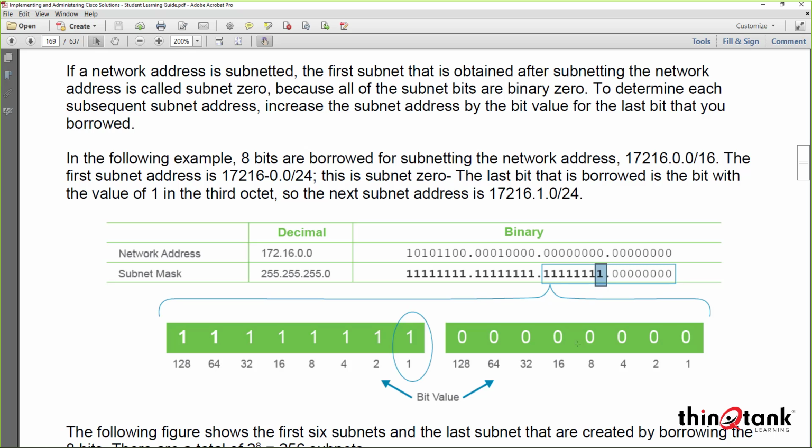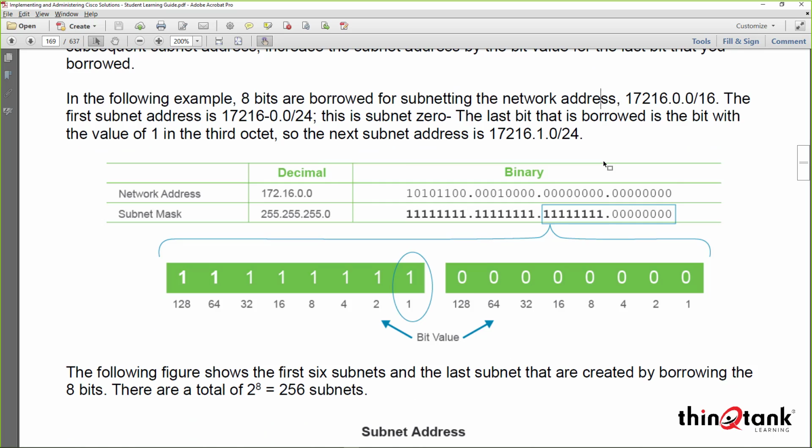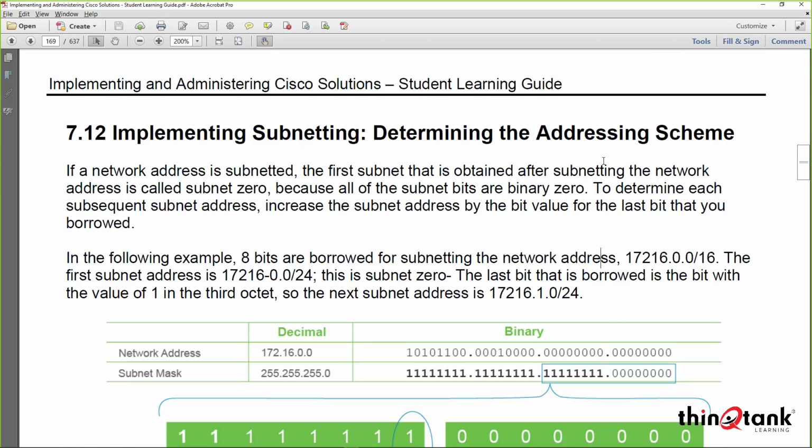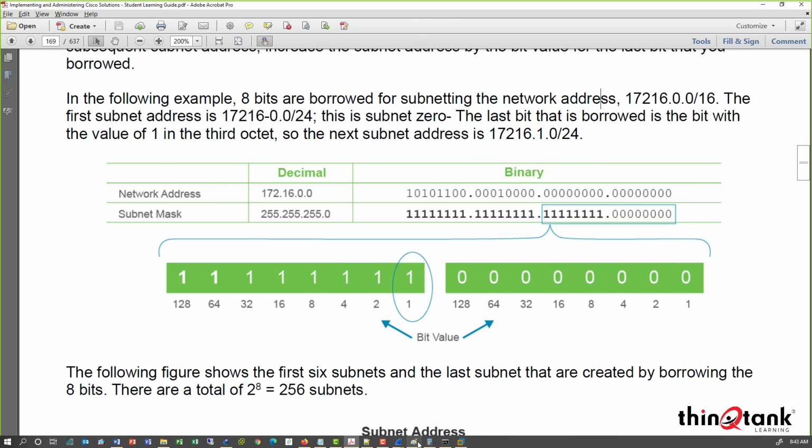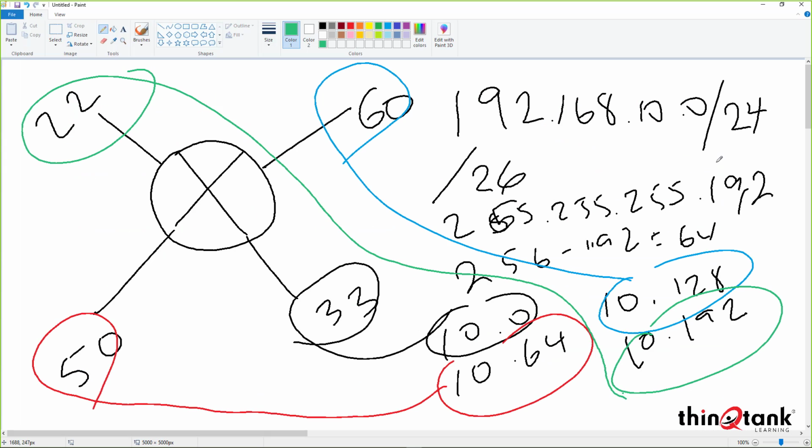The value of that bit allows us to determine what the block size is. This is on a major boundary, so it doesn't really apply in this case. But going back to our example, 192 is 128 plus 64. Well, that's our block size, isn't it?